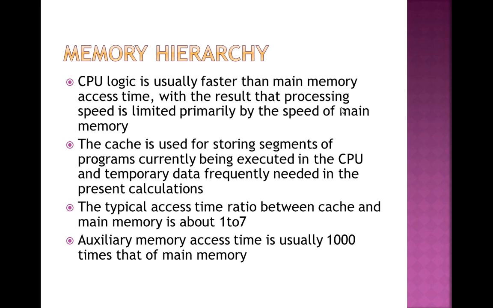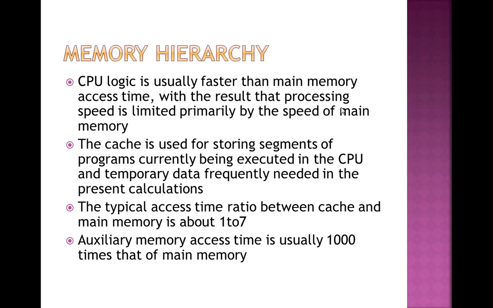Then the typical access time ratio between the cache and the main memory. This point shows the relationship between the cache memory and the main memory. The cache memory is faster, in the ratio 1 to 7. If the cache memory is 1, then the main memory is 7.